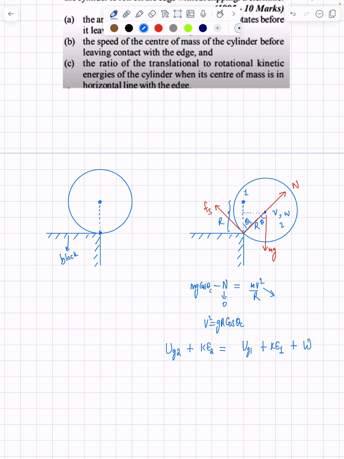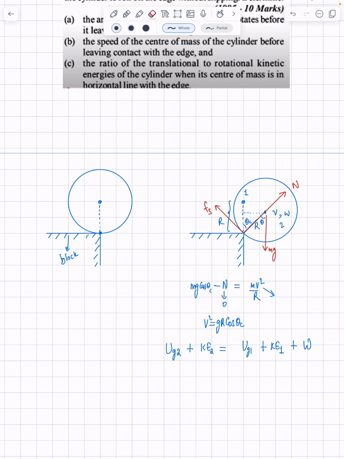The work done by contact force will be 0, because contact force always acts perpendicular to the instantaneous direction of motion. So if you do a f dot d, it's always 0. So it's basically always acting 90 degree to the direction of movement. So this work done by contact force is 0.